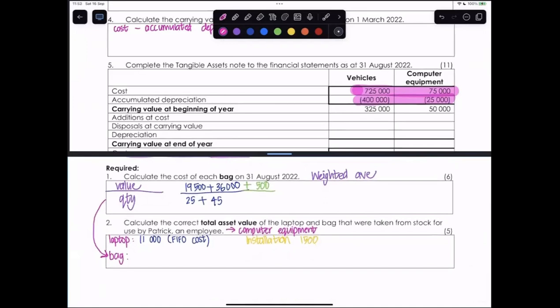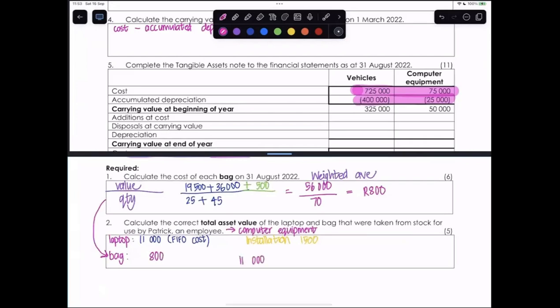Right at the beginning over here, we can now calculate what is the actual cost of each bag. And if you work it out, you'll see that it ends up as 56,000 over 70 bags, which gives you an individual value of 800 Rand each. We can then put that over here as our calculation for number 2.